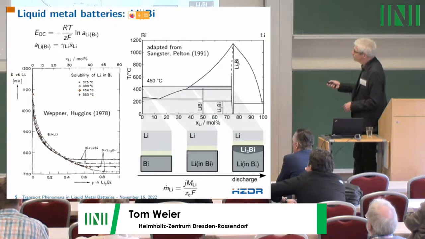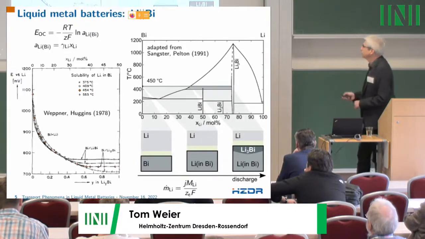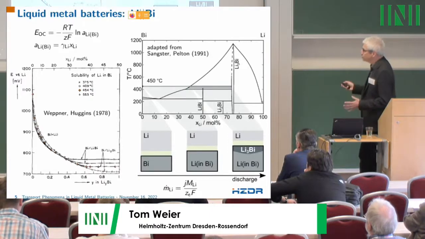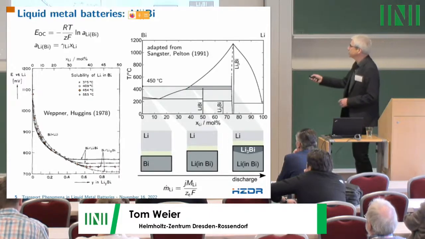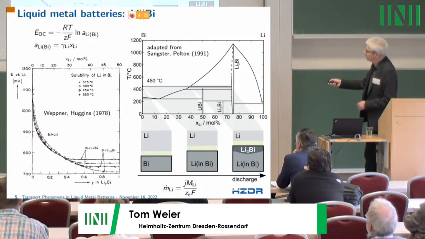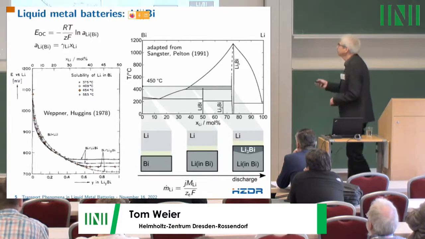And you can see this here in the measurements by Wenner and Huggins a few decades ago. So initially, if you have pure lithium versus pure bismuth, the cell voltage is above 1 volt, and rapidly it decays with increasing concentration of lithium in the bismuth.